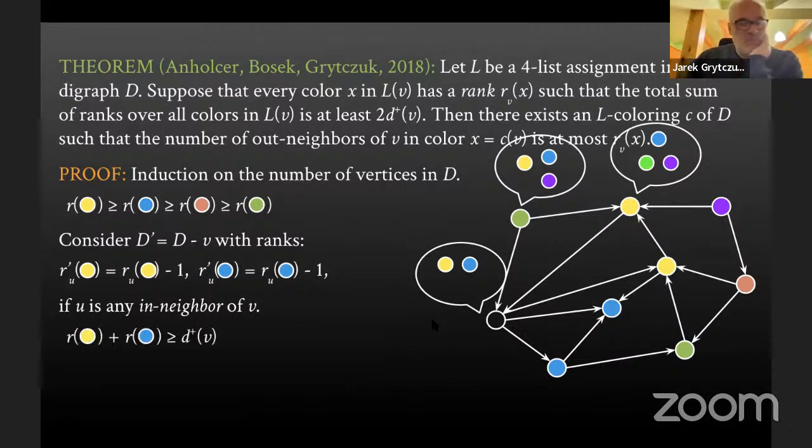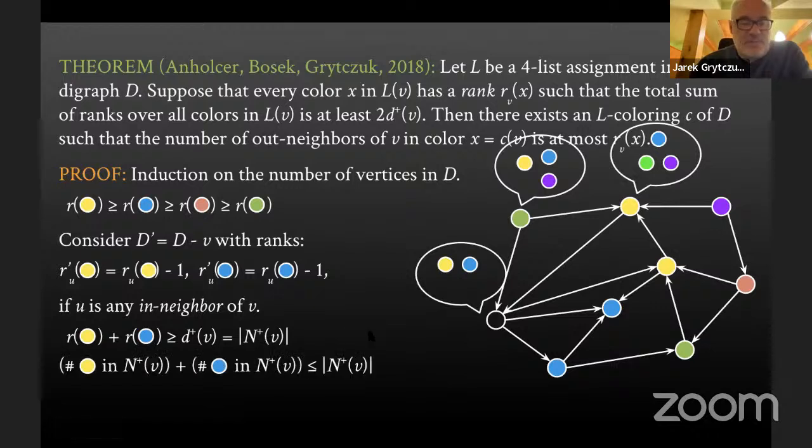Why is it so? It's because these two colors have the highest ranks. So the sum of all 4 ranks is at least twice the out degree. So the sum of these two highest must be at least the out degree of the vertex. And the out degree of a vertex is, of course, the number of out neighbors.